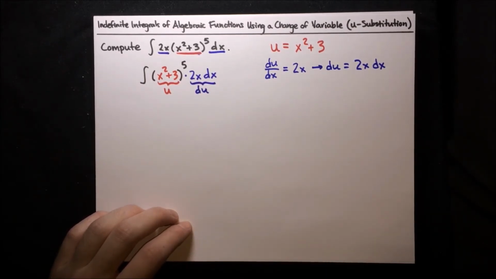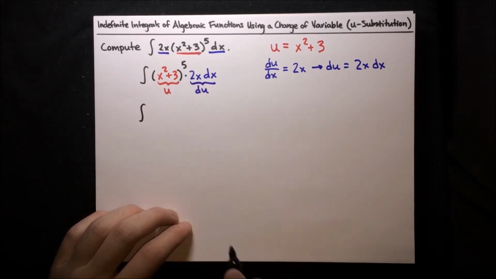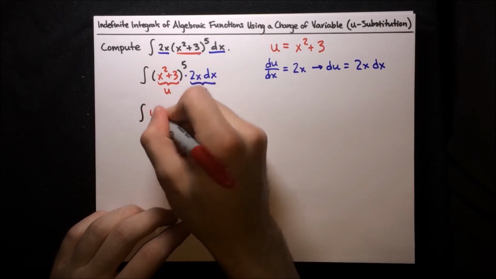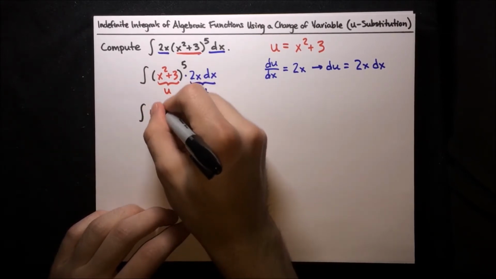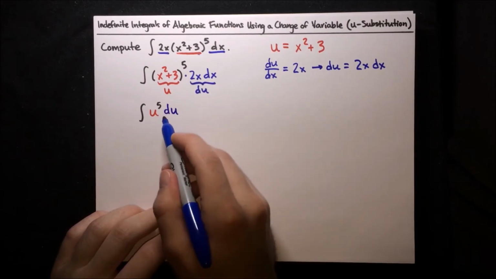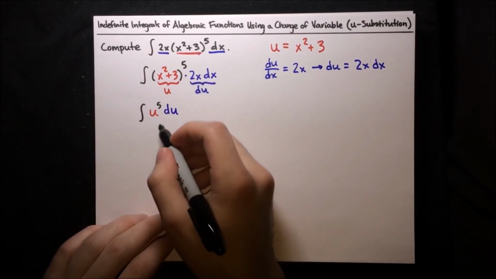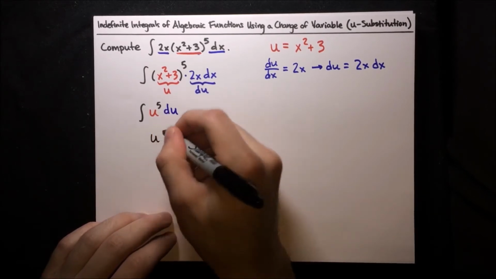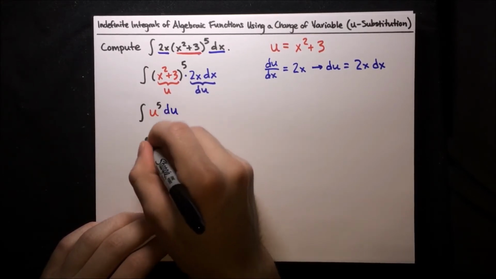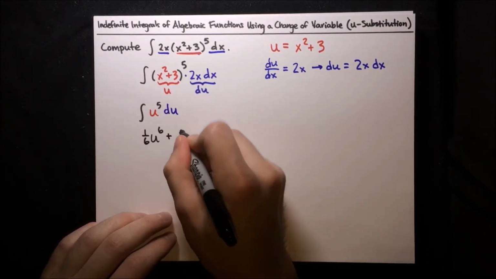Alright, so writing our integral again, we have the integral of u to the 5th, then times du. And that's a lot easier to solve. Now this is just a simple power rule integral. We just increase that exponent by 1, so u to the 6th, and then divide by 6, so 1/6 u to the 6th plus our constant.